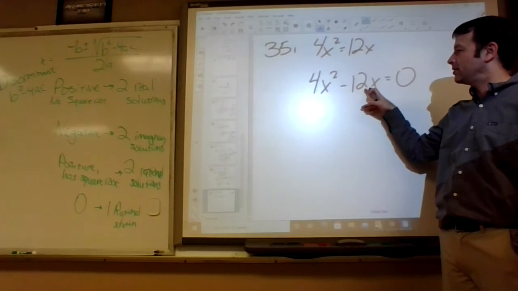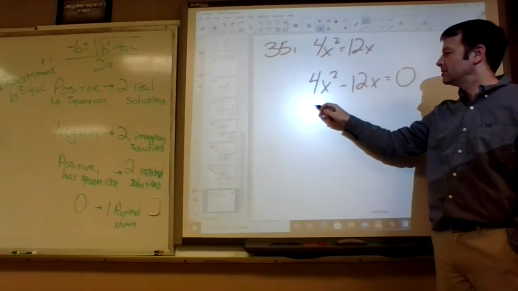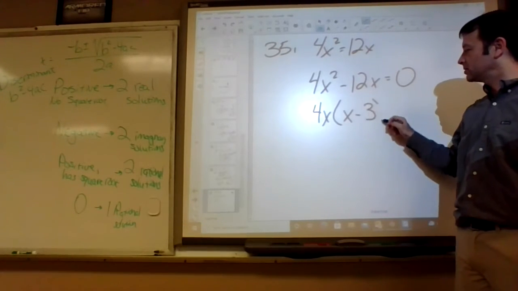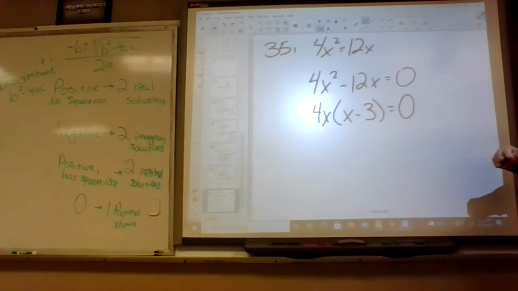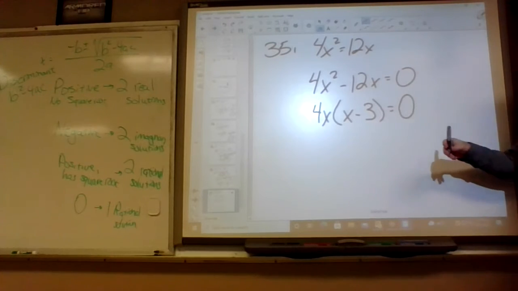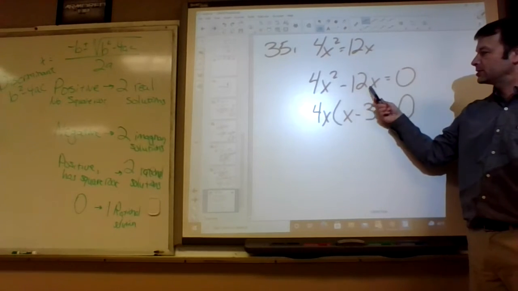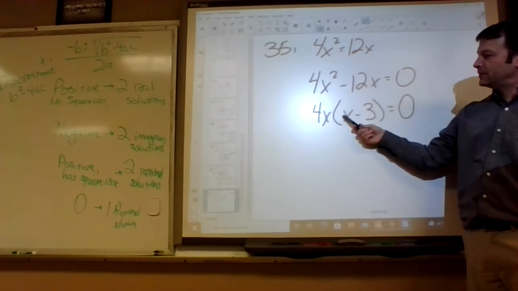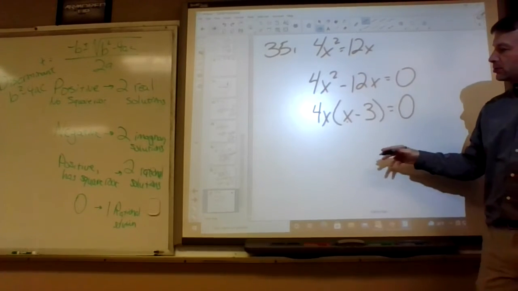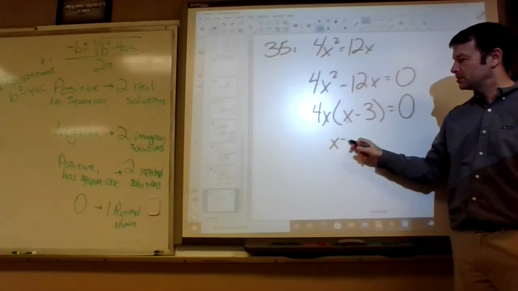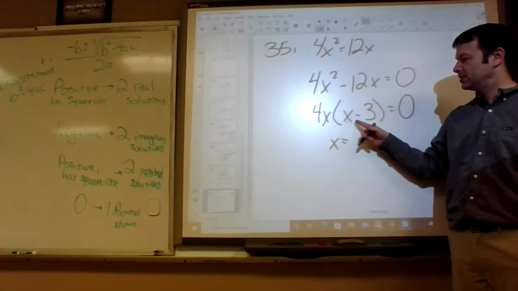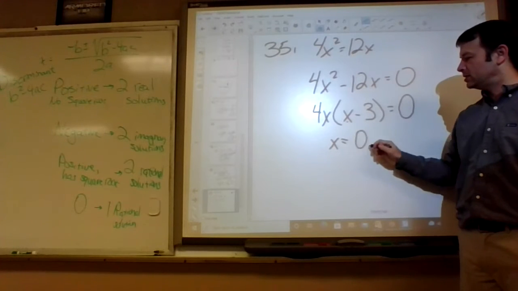So I could take out a what? 4x, and then what would be left? 4x(x minus 3). Because when you're taking out a 4x, you divide both terms by 4x. That would leave an x and a 3. So what are the two solutions? 0 and positive 3.